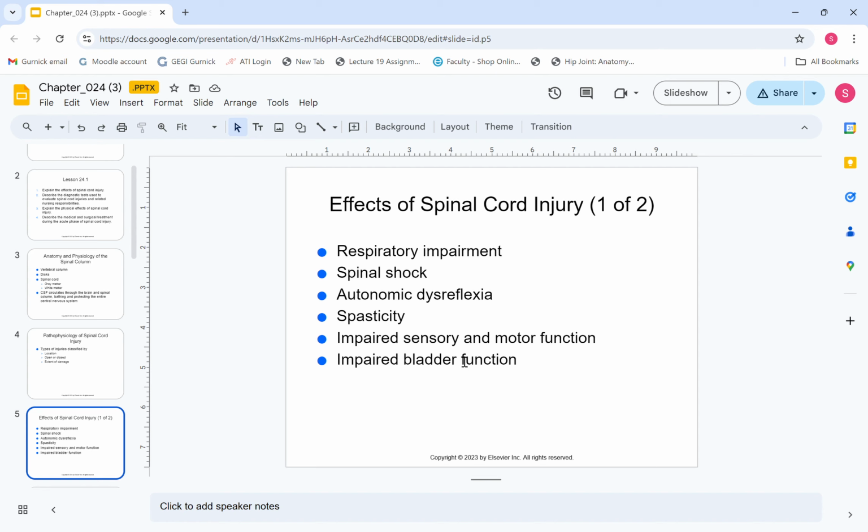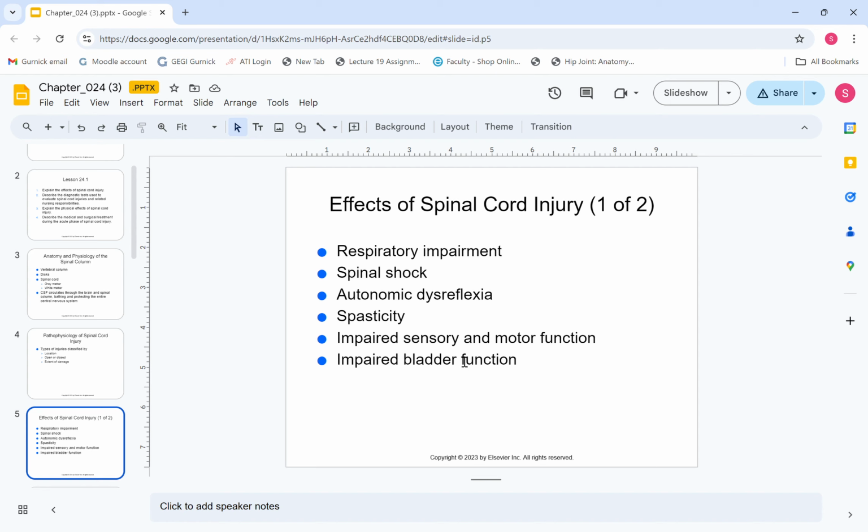All right, so on page 445 in your book, you'll see a list of cord level injuries. All right, and for most every cord level from C1 all the way down to S5, sacral 5, every one of them lists bowel and bladder difficulties.